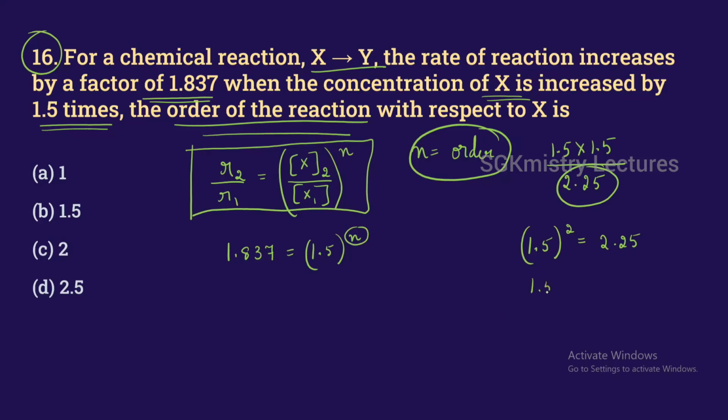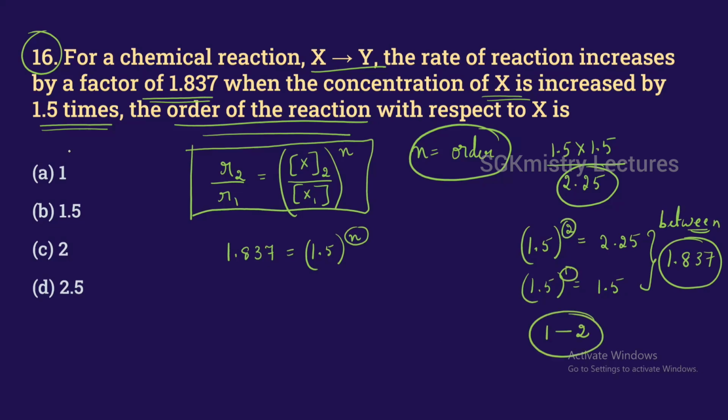Correct? 1.5 to the power of 1 is 1.5 itself. Now, what is the value? 1.837, which is in between these both. Correct? Between this 1.5 and 2.25, we have 1.837. Now, you have to look for the number between 1 and 2 among the options.